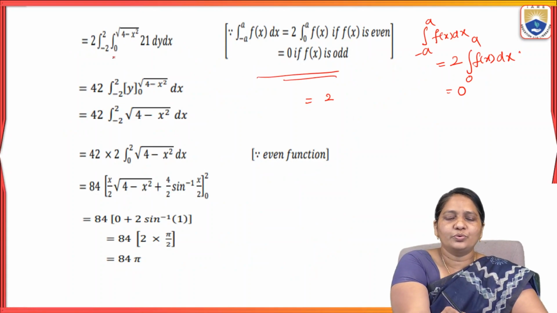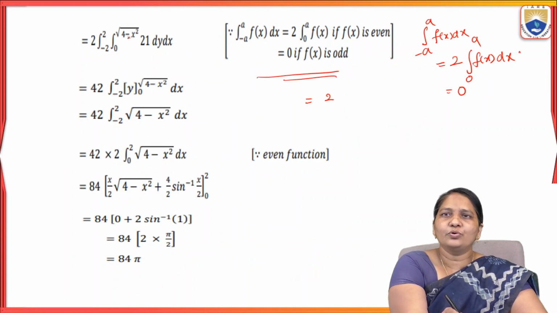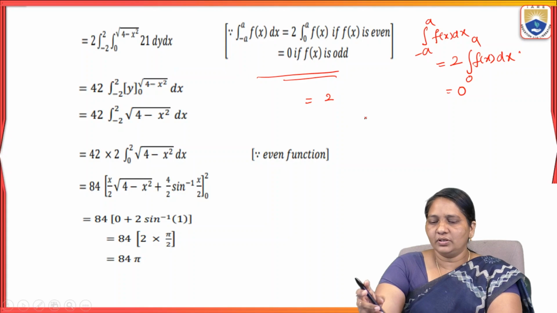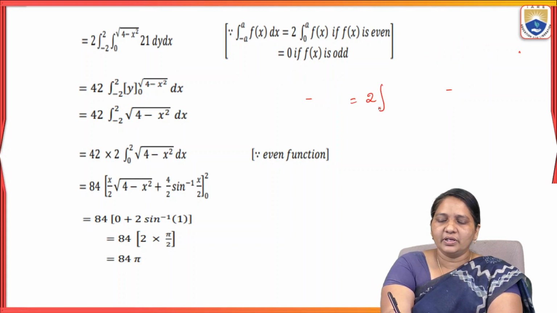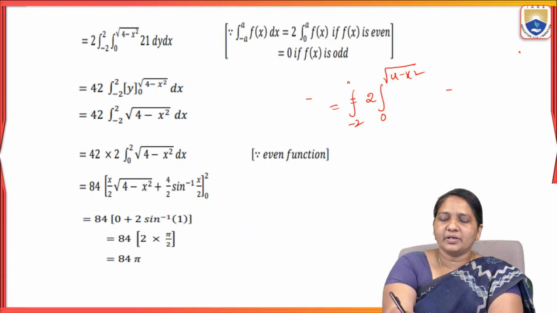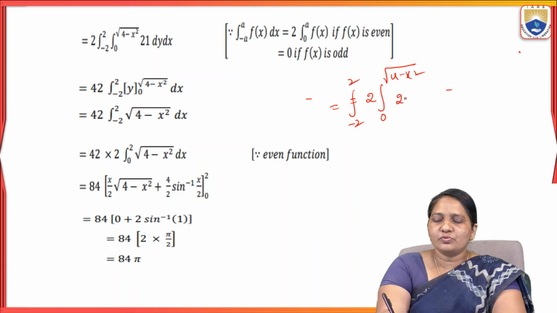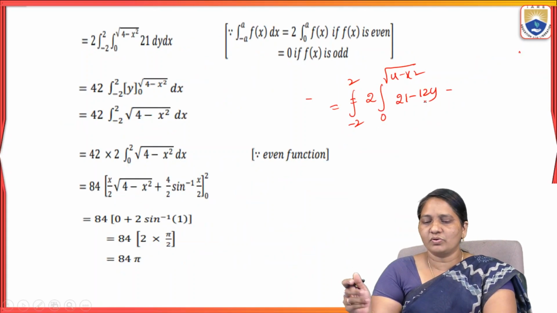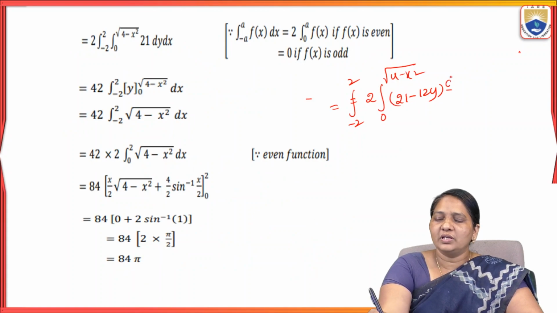So 2 integral 0 to square root of 4 minus x square of 21 minus 12y dy dx, and the outer integral from minus 2 to 2.